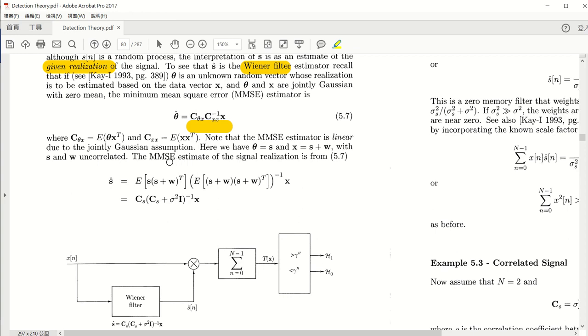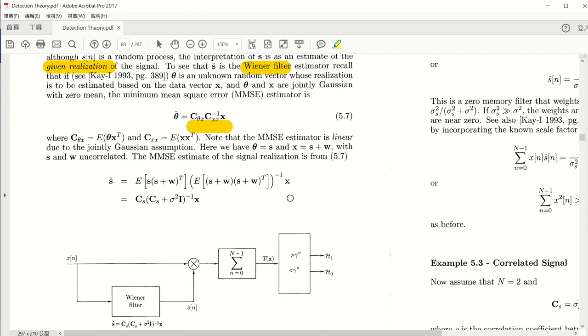So if we think of theta equal to s, notice that this s is a random variable because it's a random process, with samples taken from 0 to N minus 1. Recall this. And then x is s plus w, and s and w are uncorrelated. From the MMSE estimator we can get this, right?